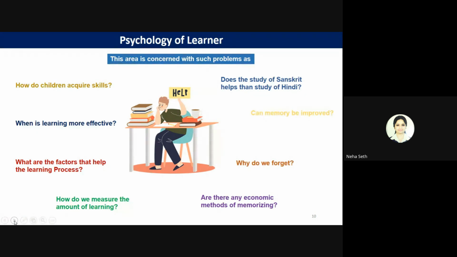How is it possible for me to measure after every class that students are able to understand it? Or is there any questions into the mind of learners, such as does the study of Sanskrit help, or is Hindi better, or is Sanskrit better?